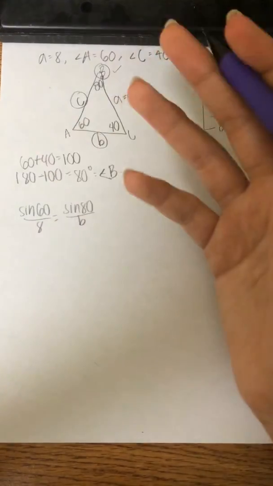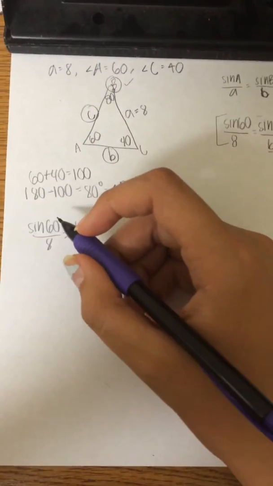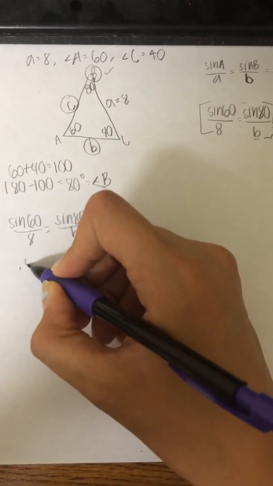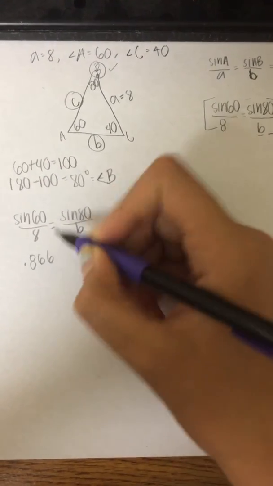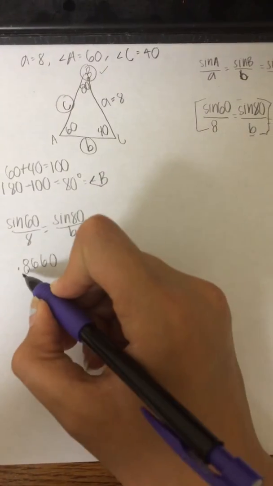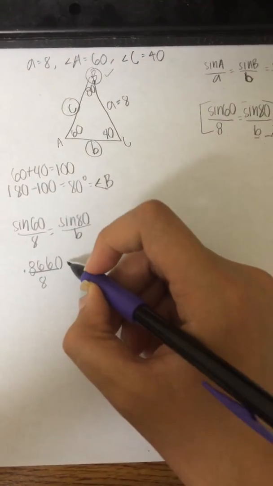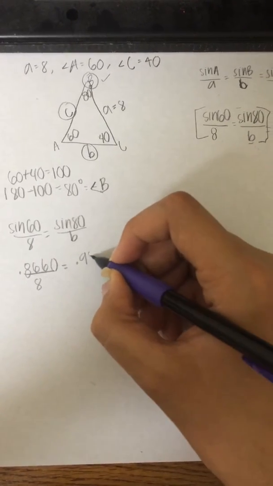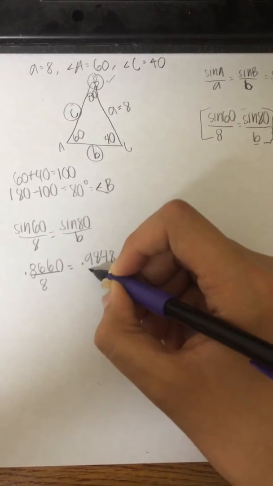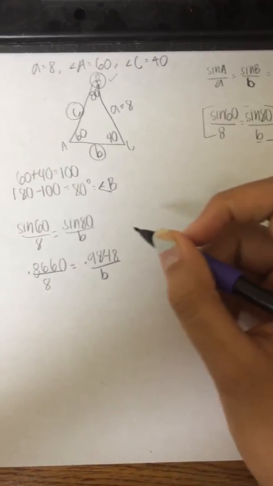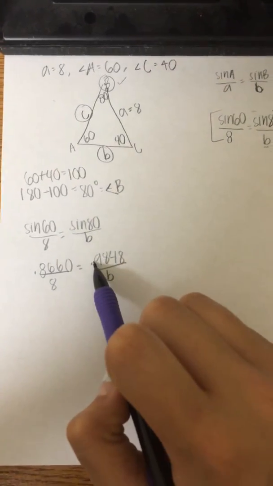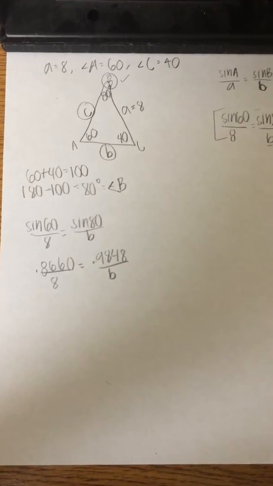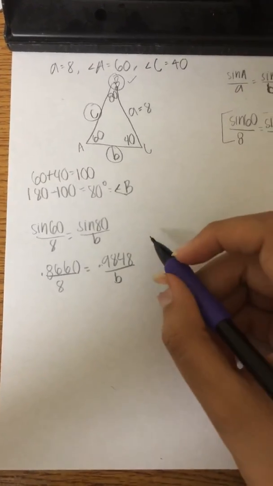You can plug it in your calculator: sine of 60 is 0.8660, over 8, equals sine of 80, which is 0.9848, over B. I'm rounding to four decimal places. There are longer numbers, but I round to make it shorter.